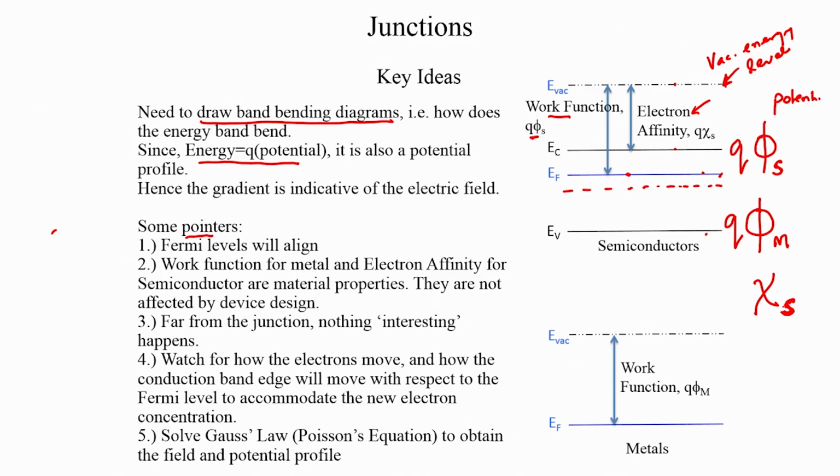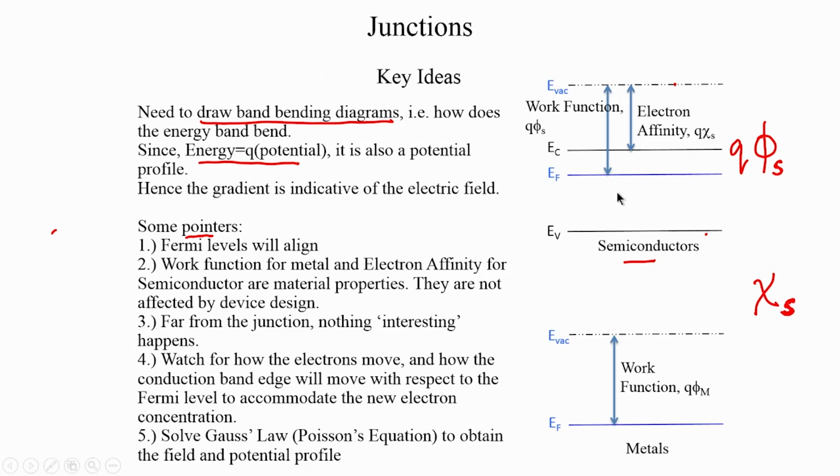For a semiconductor, you must always remember that the electron affinity is always a constant; it is a material property. You can engineer the device in any manner you like, apply whatever voltage you like, and play around with the engineering as much as we want, but the electron affinity is always a constant.